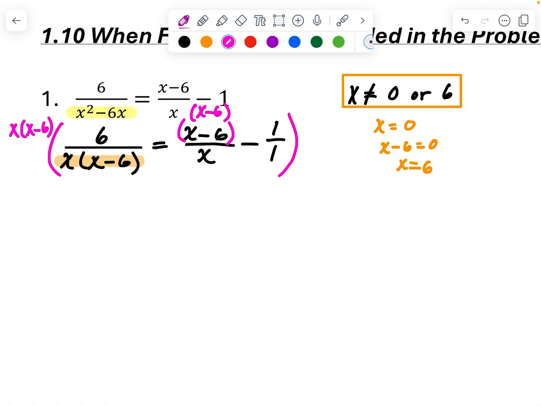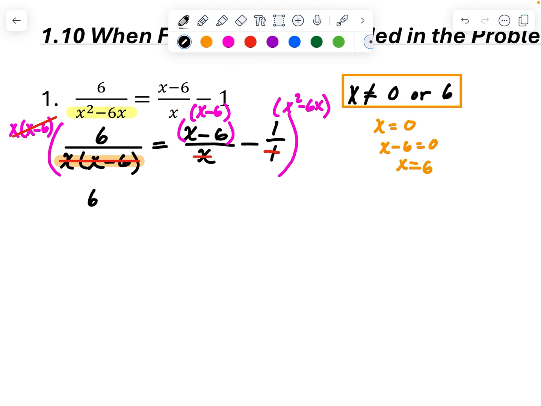And the last one needs everything. And so if the last one needs everything, then we're going to write it as x squared minus 6x. So we multiplied the entire problem by x times x minus 6.